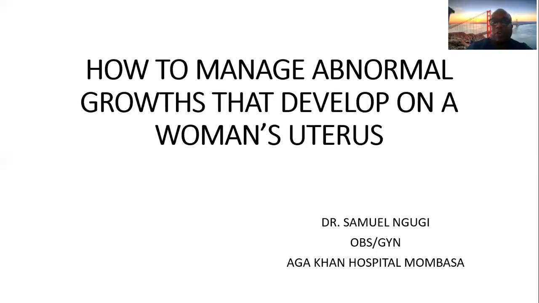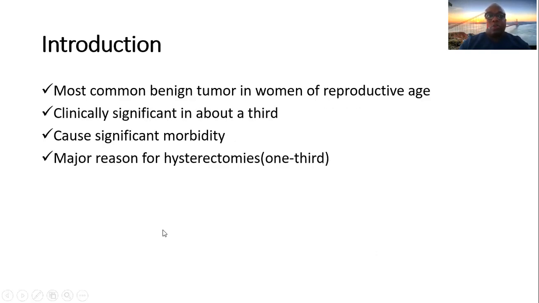The topic for today is how to manage abnormal growths that develop on the woman's uterus. As a way of introduction, these growths, also known as uterine fibroids, are the most common benign tumor in women of reproductive age.